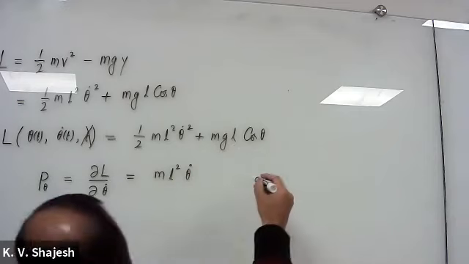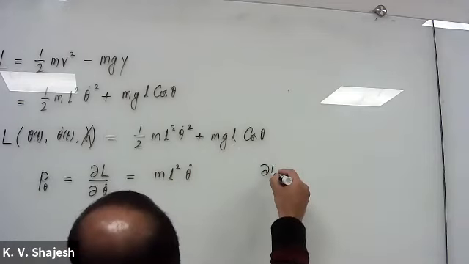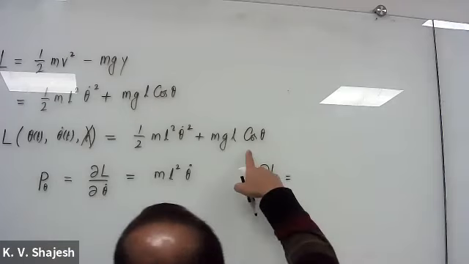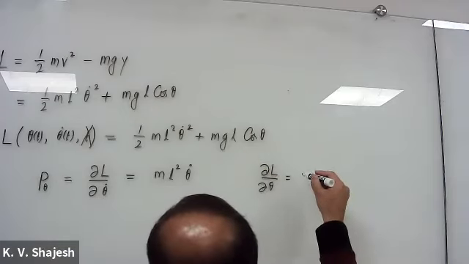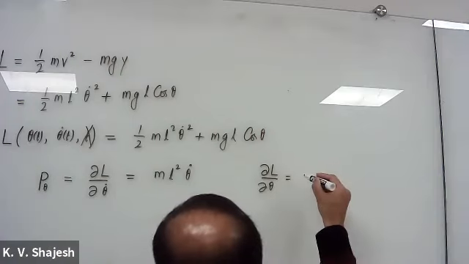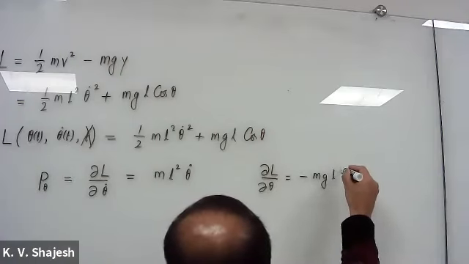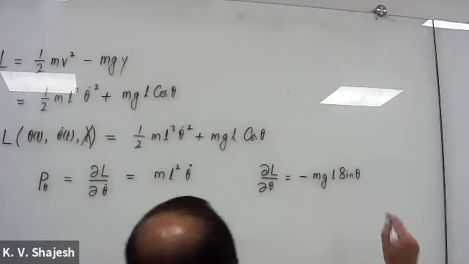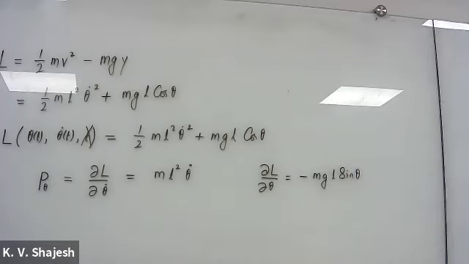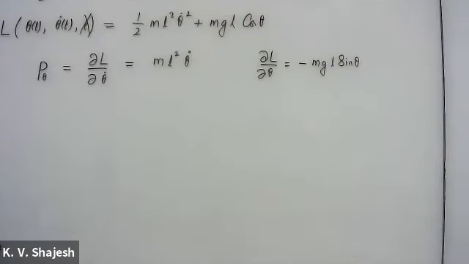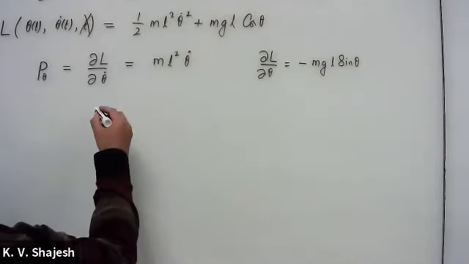We also need dL by d theta, which gets contribution only from the second term, and cosine theta gives you a minus sine theta, so it's minus mg l sine theta. Right, that's your two partial derivatives, and then we can get to the Euler-Lagrange equation.